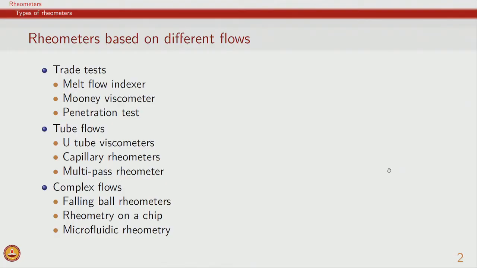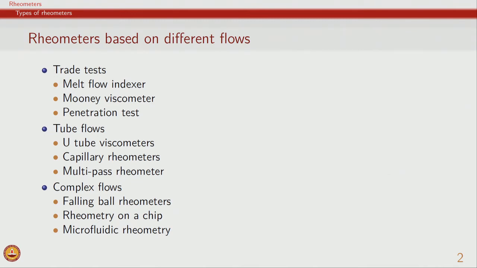In case of asphalt, for example, or polymer melt, it is quite often possible to use a full-fledged rheometer, measure rheological properties and then incorporate them in design. So, this is the first set of tests which indirectly measure rheology of materials.